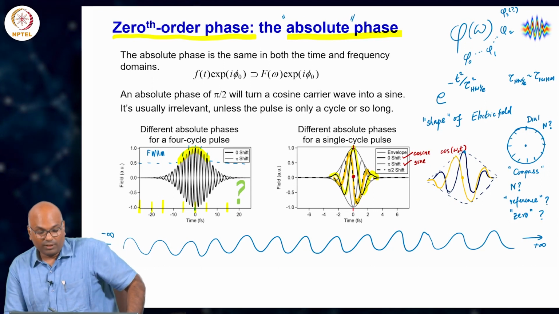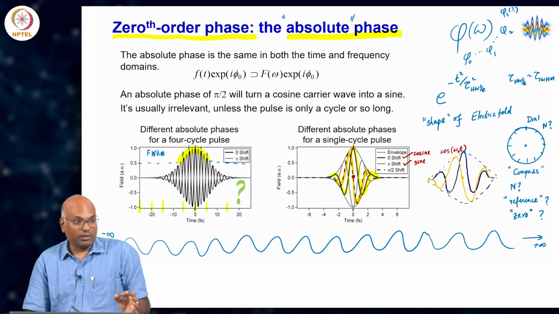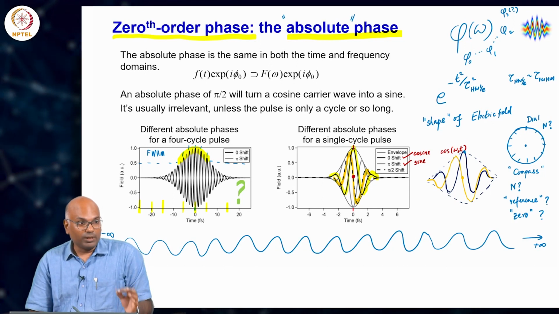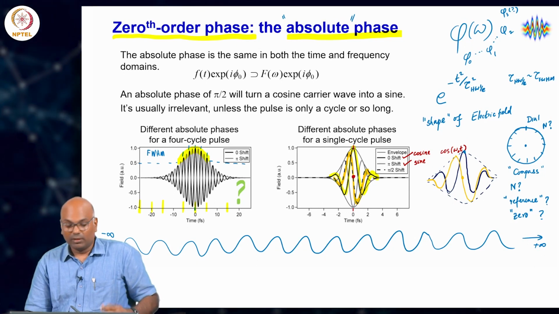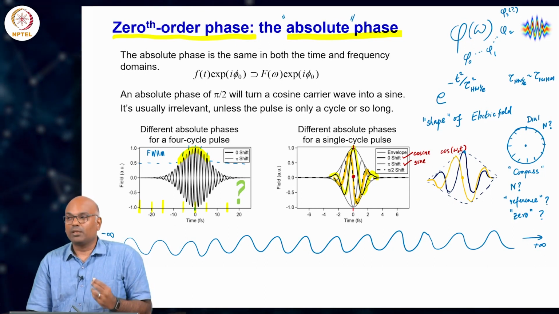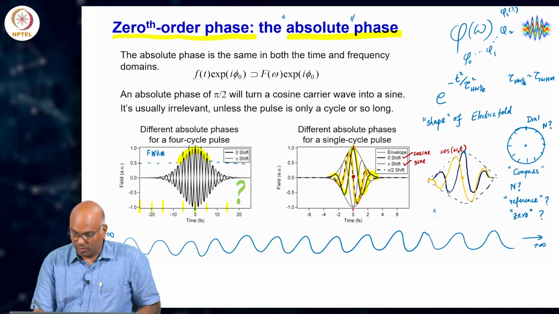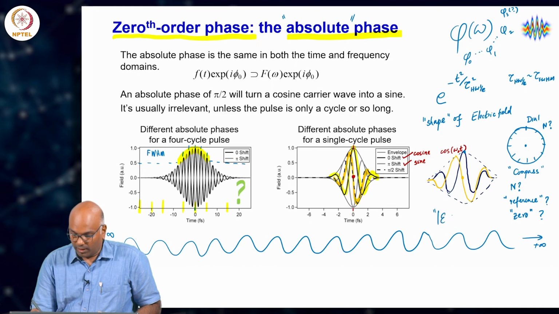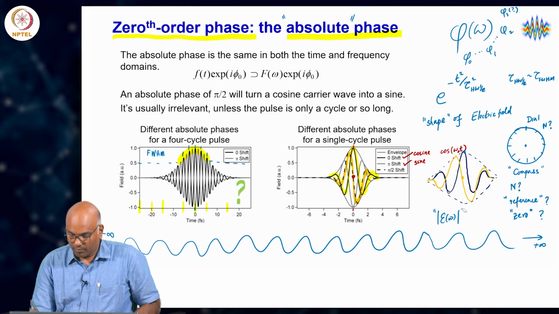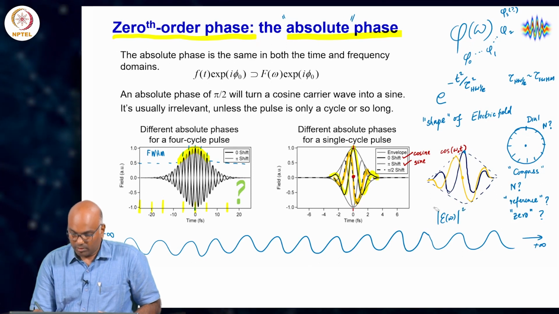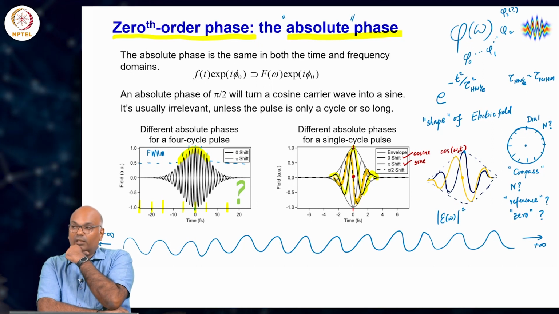how this is measured. Now we got to ask, we are describing all this in the time domain, and in frequency domain, I said earlier, I gave up the cause of time domain and said all the measurements we do will have to be measurements of the absolute value square of the electric field.